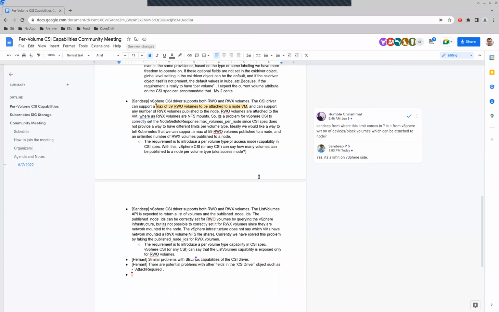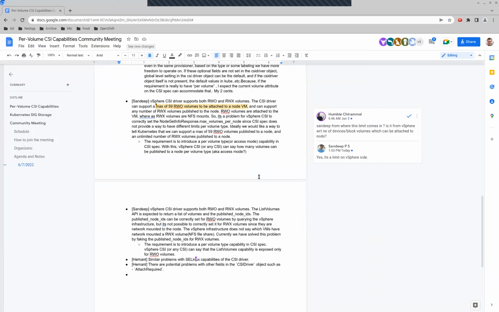So having some key that comes back from the create that says, okay, you actually got an iSCSI volume, or you actually got an NFS volume, and therefore, when you're doing these node operations, you need to use the key that's iSCSI specific or NFS specific. That would satisfy the need. I don't know if that's the direction people want to go in, but I'm able to convince myself that at least it's technically feasible.